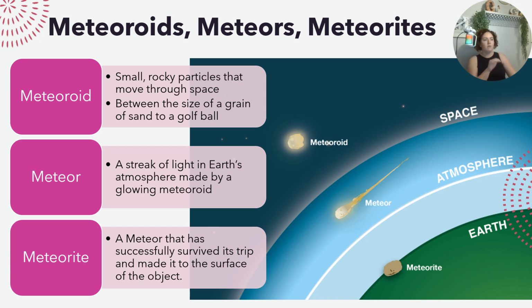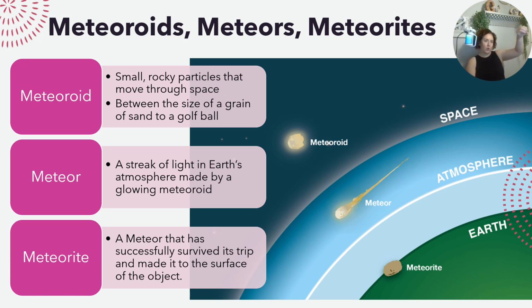It is a small rocky particle that moves through space. Okay, so we find meteoroids out in space. They're between the size of a grain of sand to sometimes as large as a golf ball. So they still don't get very big. It's just random space dust and junk that gets caught up.